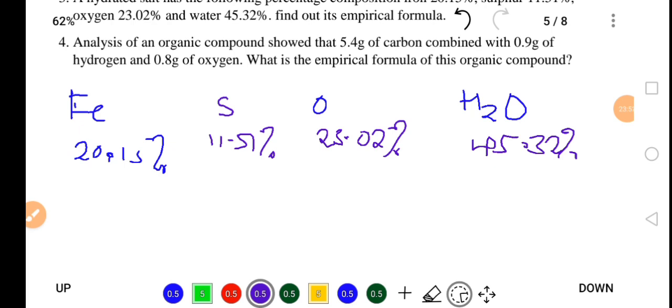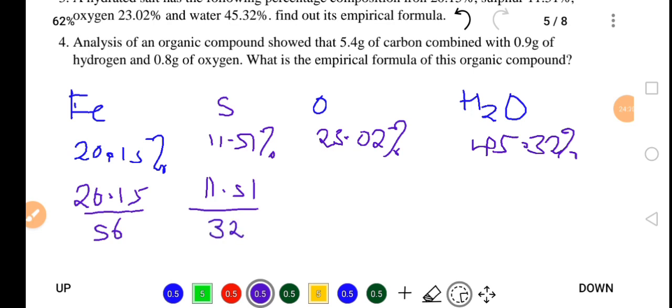We convert the masses given to us in the form of percentages to number of moles. We are going to say 20.15 over the mass of iron, which is 56. That's the average atomic mass. And then that of sulfur will be 11.51 over 32.